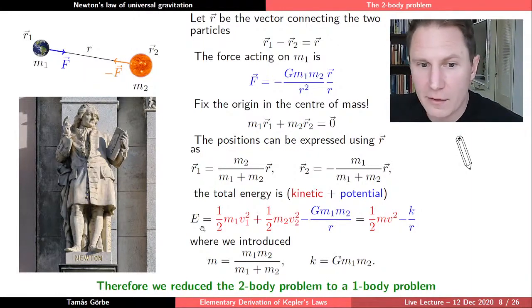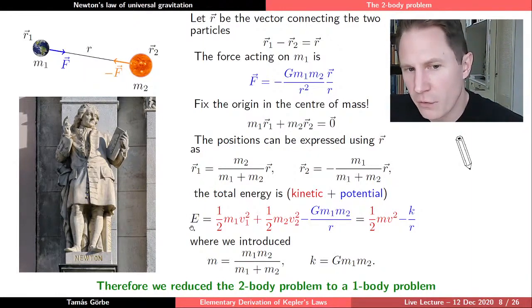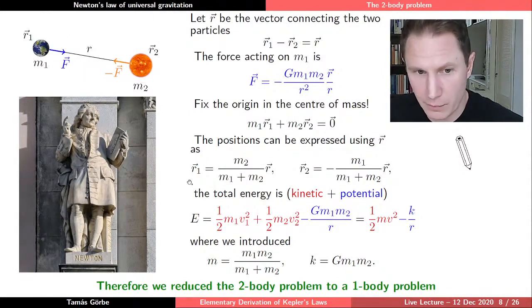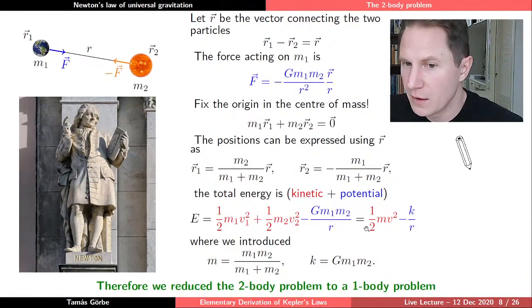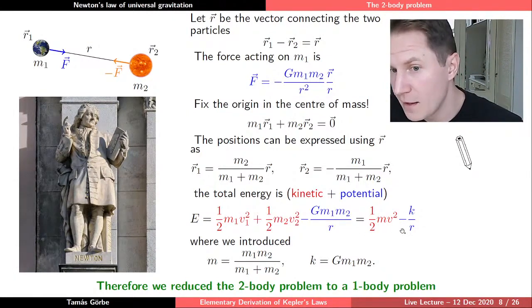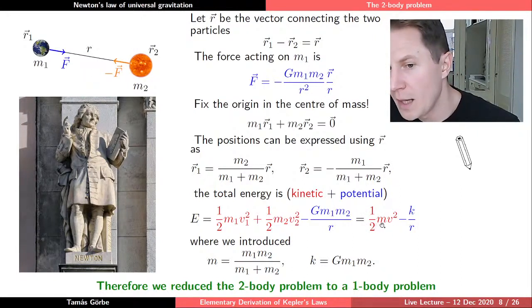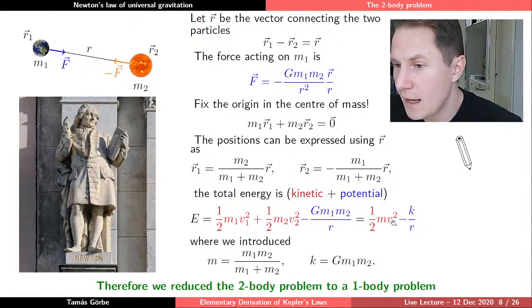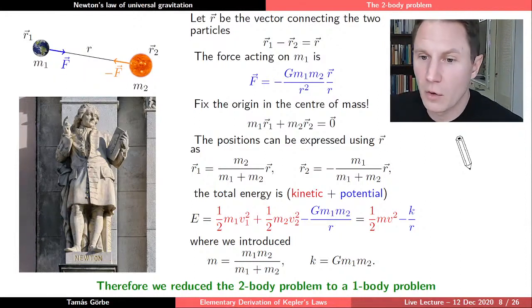So what you have seen here is that the total energy of these two bodies being attracted to each other gravitationally can be expressed as the sum of the kinetic energy and the potential energy of something that looks like a single object, right? If you look at the kinetic energy term right here, it's just 1/2 times m times v squared.